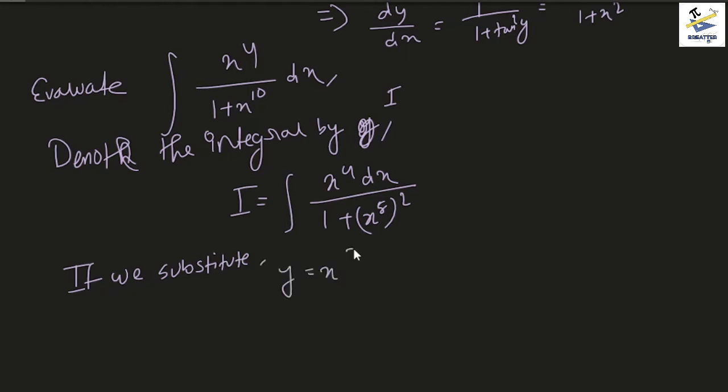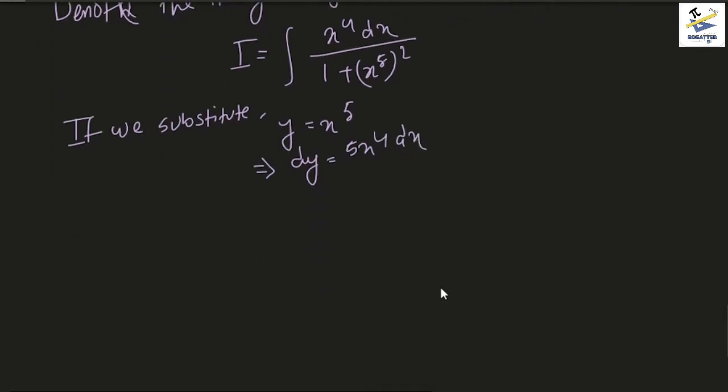y equals x to the power 5, what we get is dy equals 5 x to the power 4 dx, right? And what we want is the value of x to the power 4 dx, so therefore x to the power 4 dx should be equal to dy by 5.